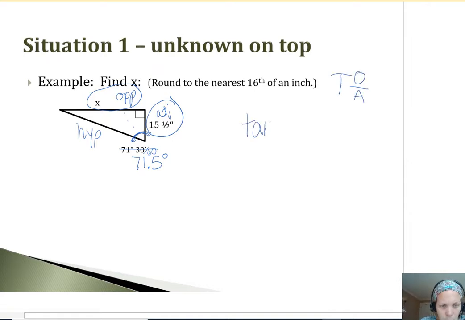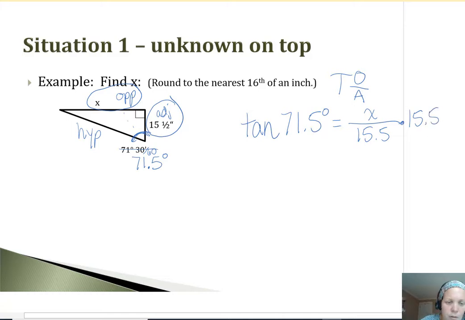So when I plug in my numbers, tan 71.5 degrees, plug in the angle, and then on the right side, here's where I put my sides. So my opposite is x, I don't know x, my adjacent is 15.5. So again, if I'm trying to get the x alone, since it's divided by 15.5, I need to multiply that to the other side.